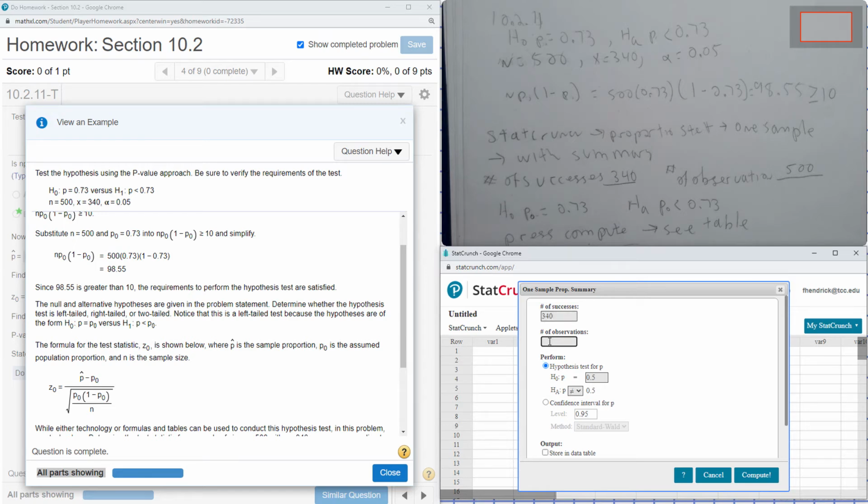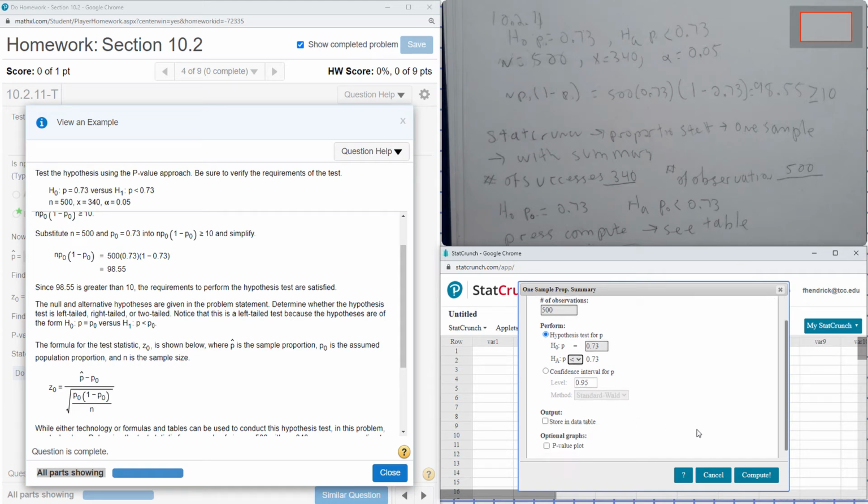Number of observations is 500. And we're doing a hypothesis test for p equal to 0.73, and in this case it's less than. Then we can hit compute.